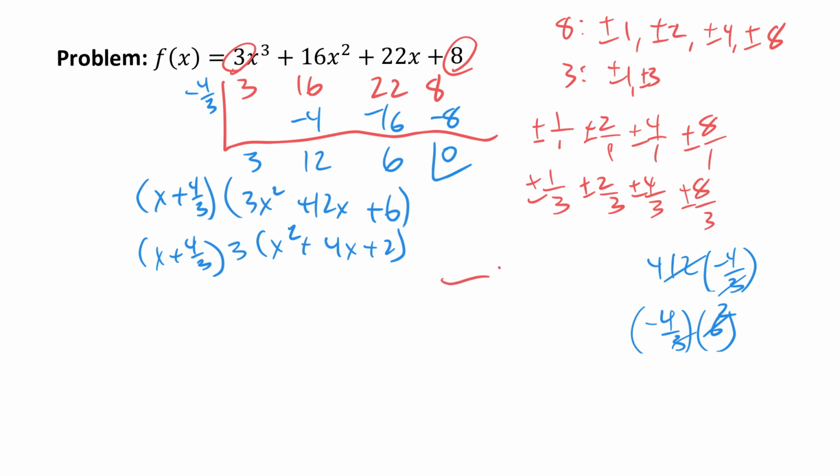If I'm looking for two numbers that multiply to give 2 and add to give 4, the only numbers that multiply to 2 are 1 and 2, and those don't add to 4. Can we factor this? I think we can. Oh yeah, that's right. We're going to need to use that quadratic formula.